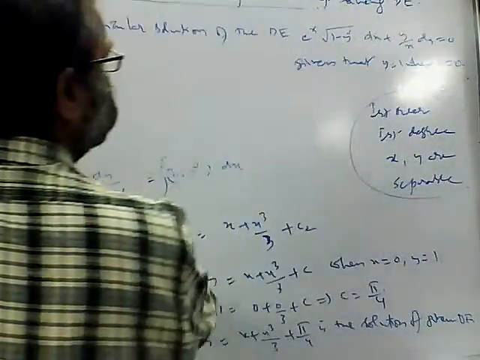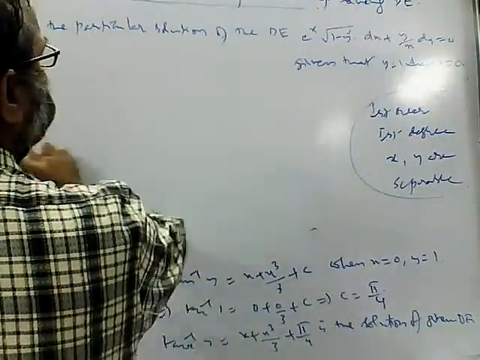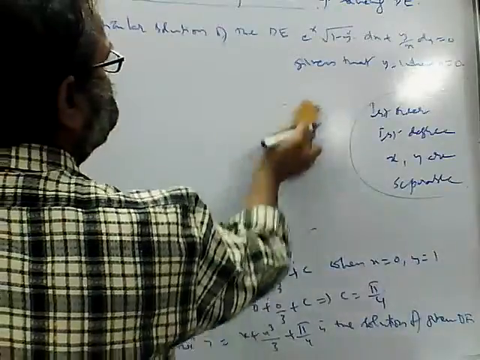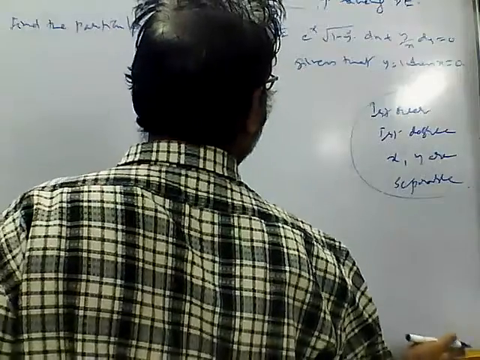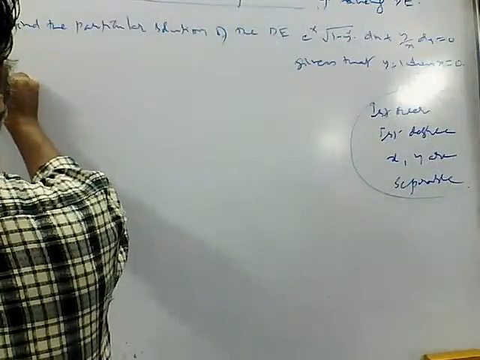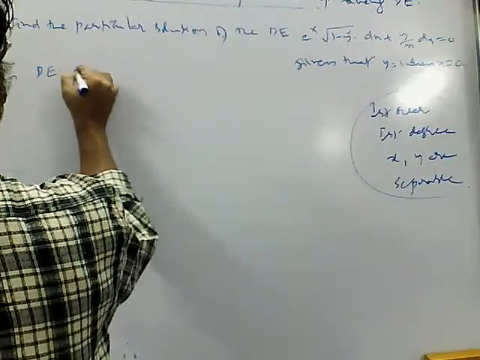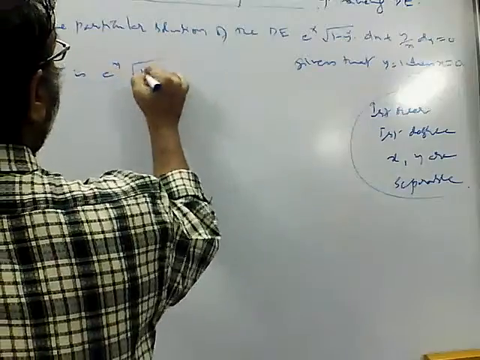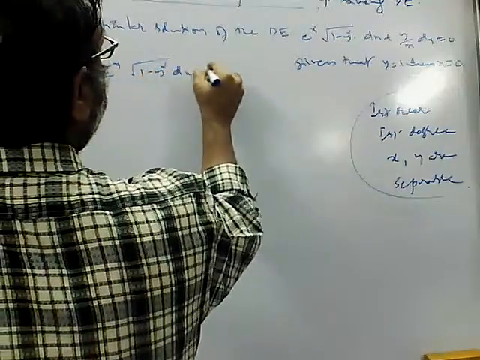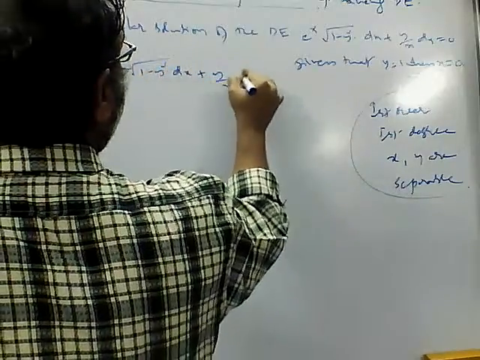Again, you can see the given differential equation is e power x into root of 1 minus y square into dx plus y by x dy is equal to 0.